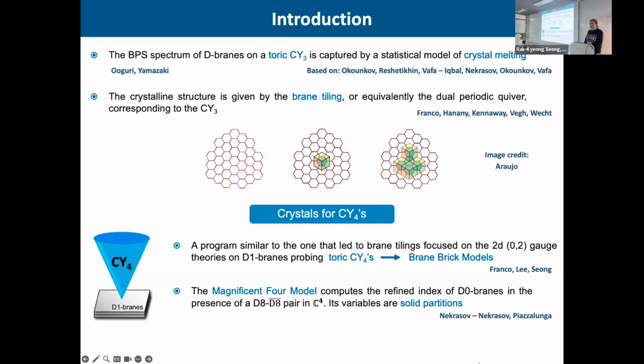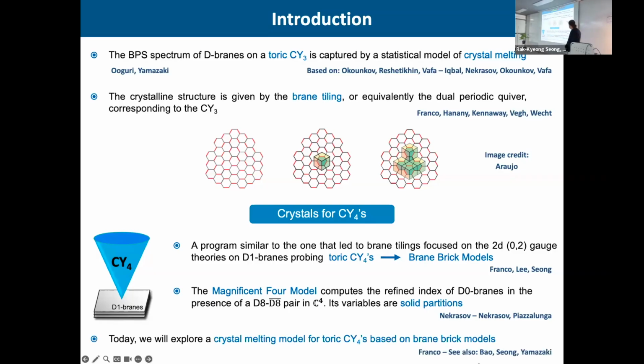And the variables are solid partitions, meaning 4-dimensional boxes, so 4-dimensional Young diagrams. So there's already some hint that you want some kind of 4-dimensional crystal. And what I'm going to do today is explore the crystal melting model for Toric Calabi-Yau 4-folds that are based on brane brick models.